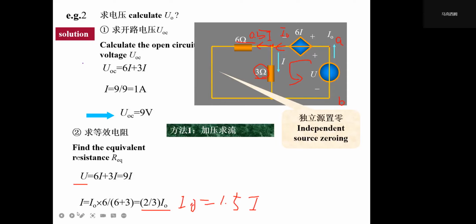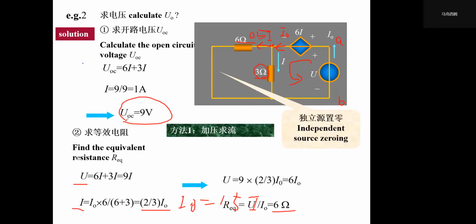So we have the U and I. Now we can calculate the corresponding equivalent resistance. So the equivalent resistance is 6 ohm. Now we have the open circuit voltage and its corresponding equivalent resistance.